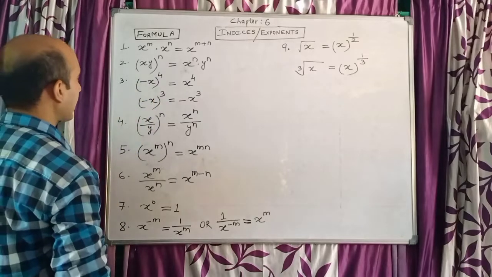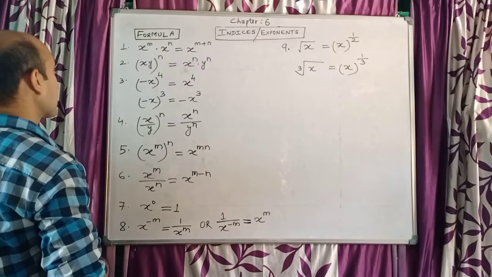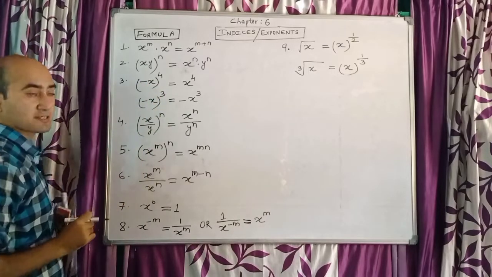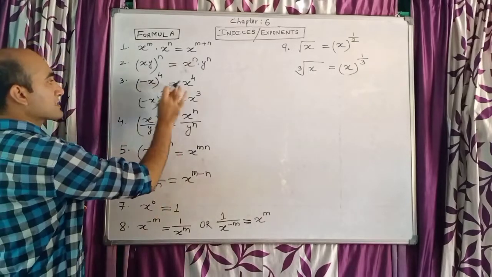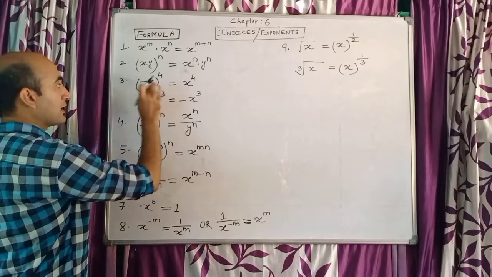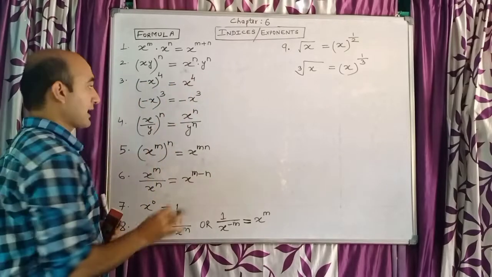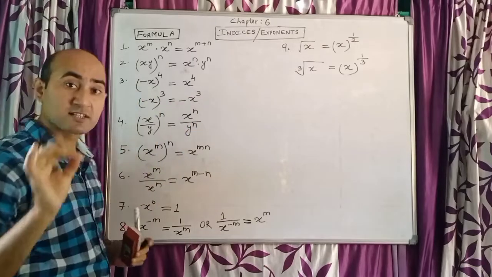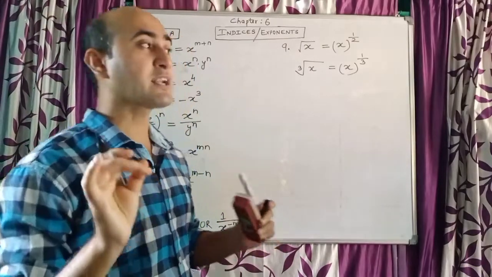Now you can see the result is x power 4, the minus is missing, and here the result is x cube but the minus still exists. Now what is the meaning of this?